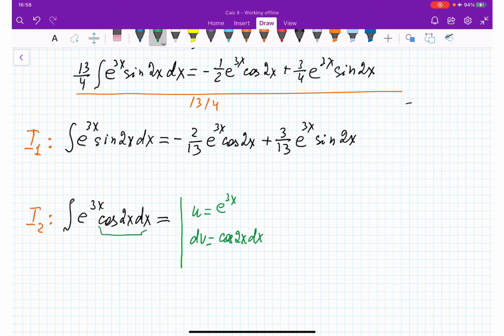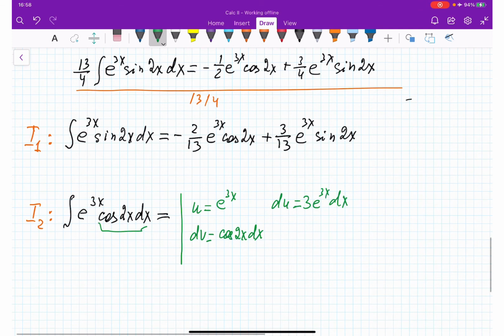So from here, du is going to be equal 3 e to power 3x dx, right? And v, accordingly, just like I did in calculating I1, it's going to be 1 over 2 sine 2x.